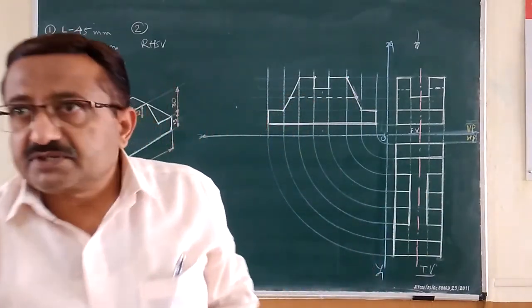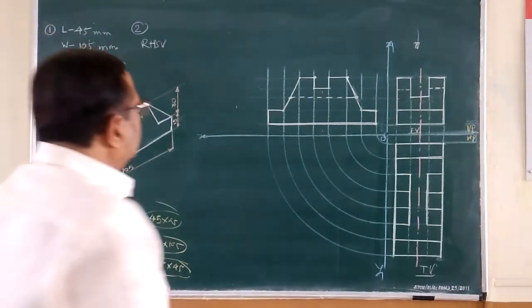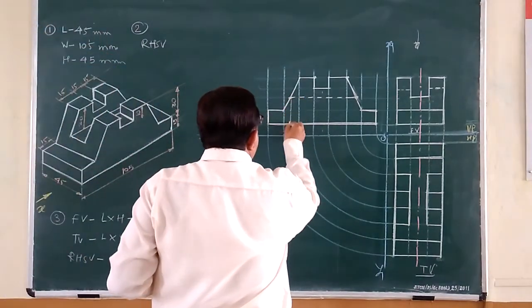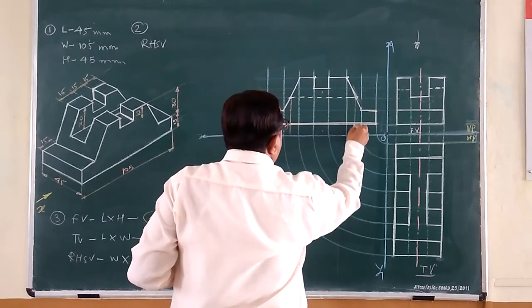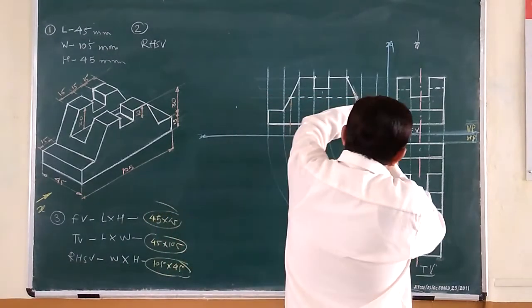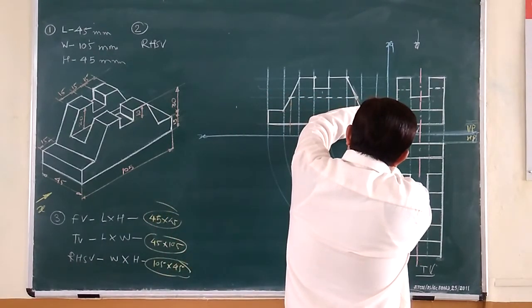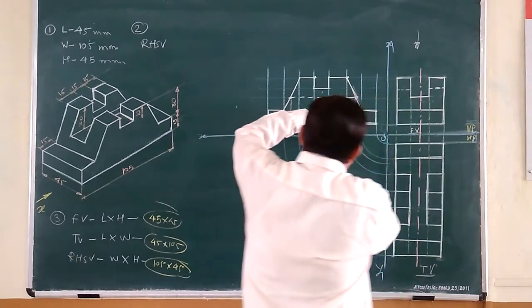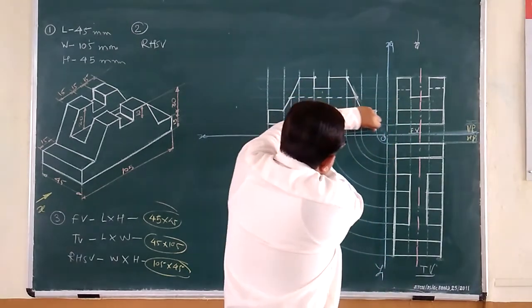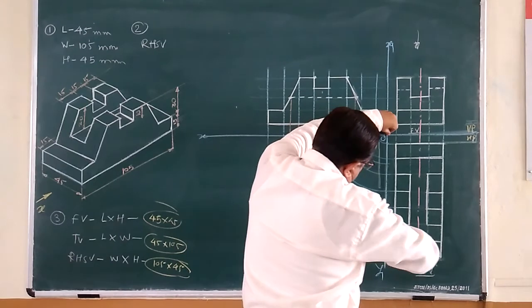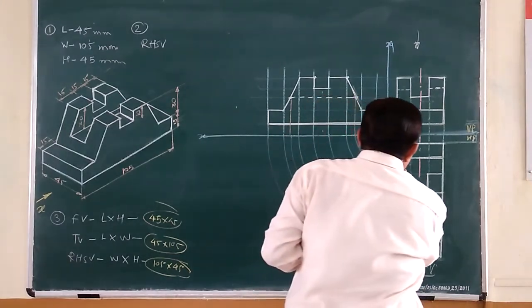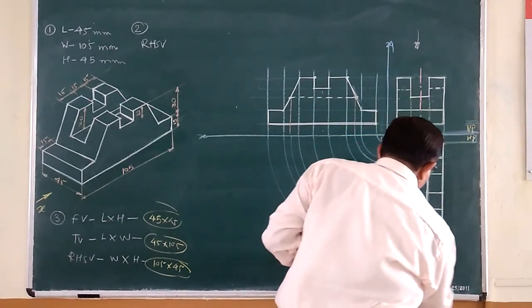So again reverse way you have to mark in this way. Get the positions down from here and again about O. Reverse way, you have to rotate from HRL up to here in this way. Horizontal extension in this way.